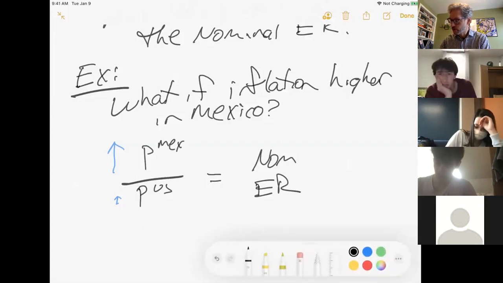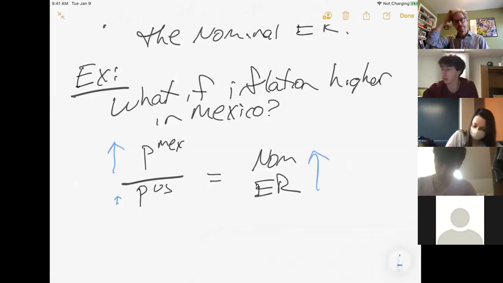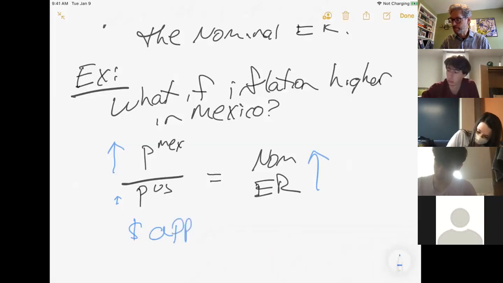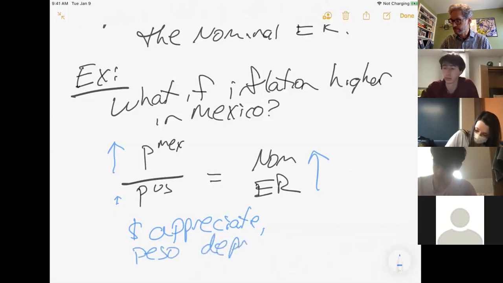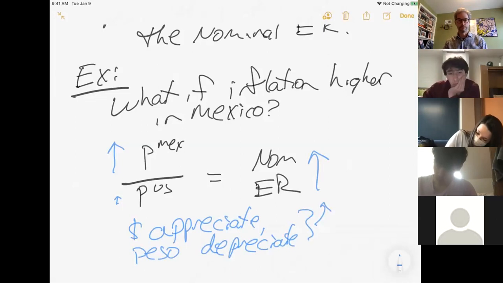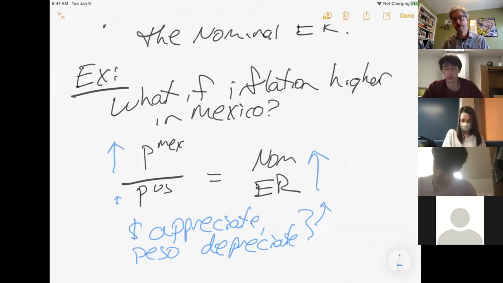And so what's going to happen to the nominal exchange rate for the US? It will go up. The dollar will appreciate, the peso will depreciate. If inflation is higher in Mexico, what's going to happen to the peso? It's going to go down relative to the dollar.